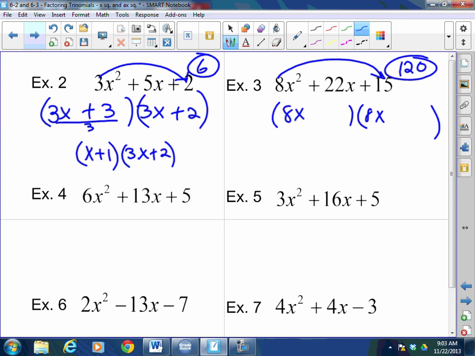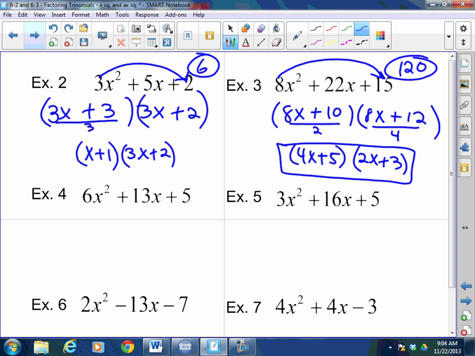Wow, nice, quick. Positive 10 and positive 12. Excellent. I can take out of here a 2, giving me 4x plus 5, imaginary factor style. And I could take out of here a 4, which gives me 2x plus 3, imaginary factor style. I just divide it. I don't show it.